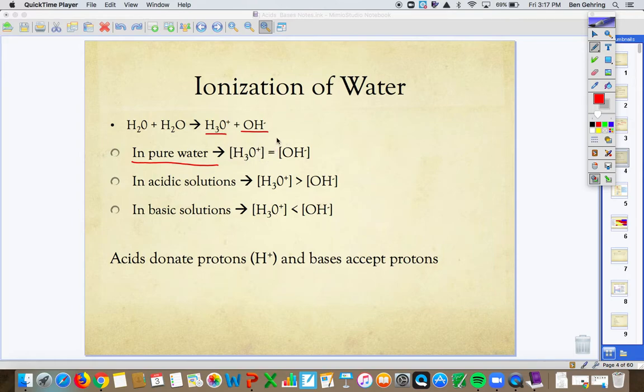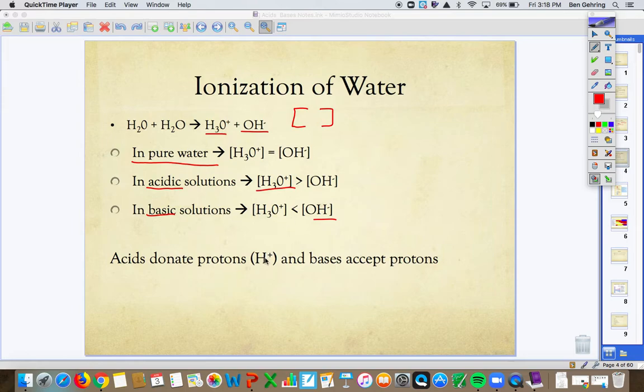These brackets, remember, mean concentration. So anything in brackets is referring to concentration, molarity typically. But our concentration of hydronium is going to be equal to our concentration of hydroxide. So I have equal amounts of hydronium and hydroxide ions in the water. If this substance is acidic, I'm going to have more hydroniums and fewer hydroxides. So more hydroniums than hydroxides in this solution. And if it's basic, it's going to be the opposite. I'm going to have more hydroxides than hydroniums.